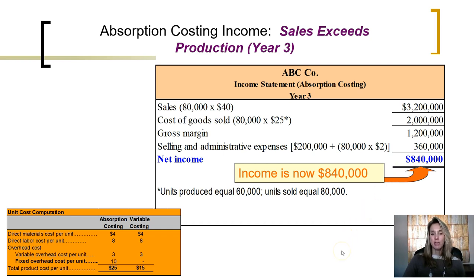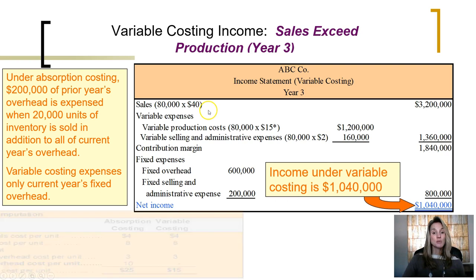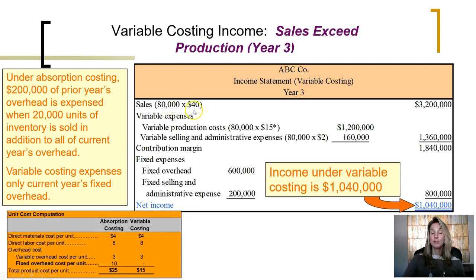Now let's prepare an income statement for the same year under variable costing. Revenues will be the same: number of units sold at $40 per unit, $3.2 million. Next, on a variable costing contribution margin format income statement come the variable costs, both variable production as well as variable selling and administrative.